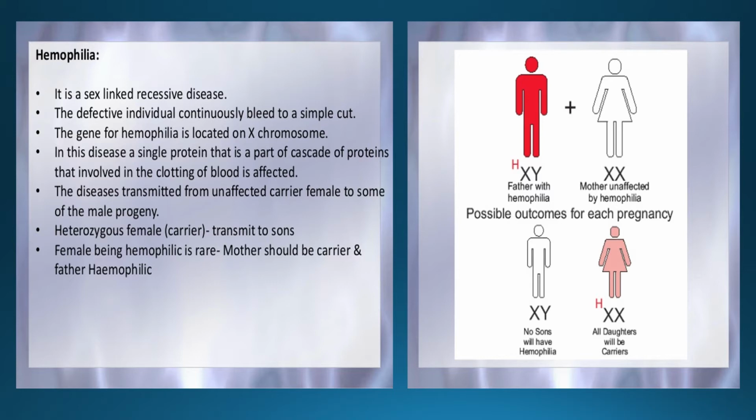It is a sex-linked recessive disease caused due to the X chromosome, so we call it an X-linked recessive disease. Here the female is a carrier whereas the males are more often affected. For a female to be affected, both alleles should be mutated.